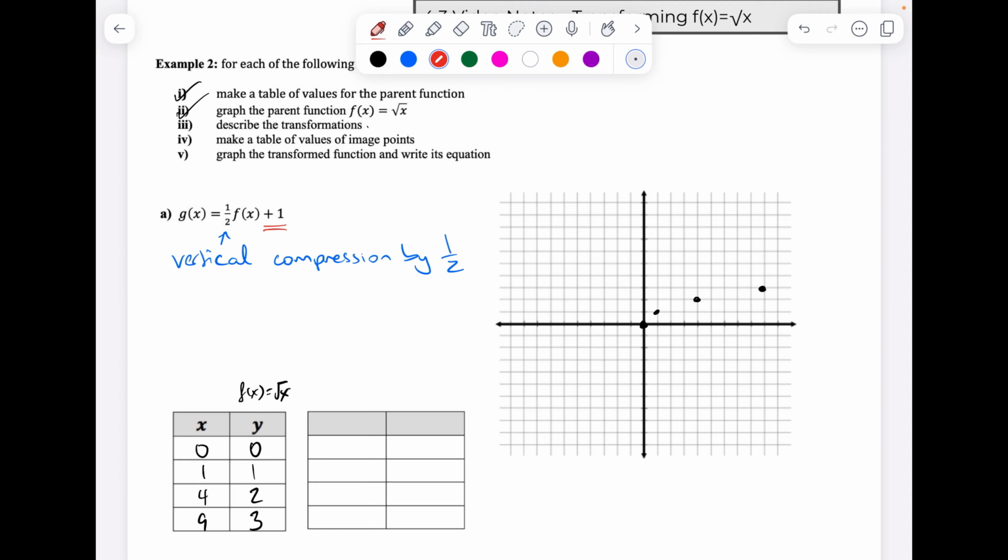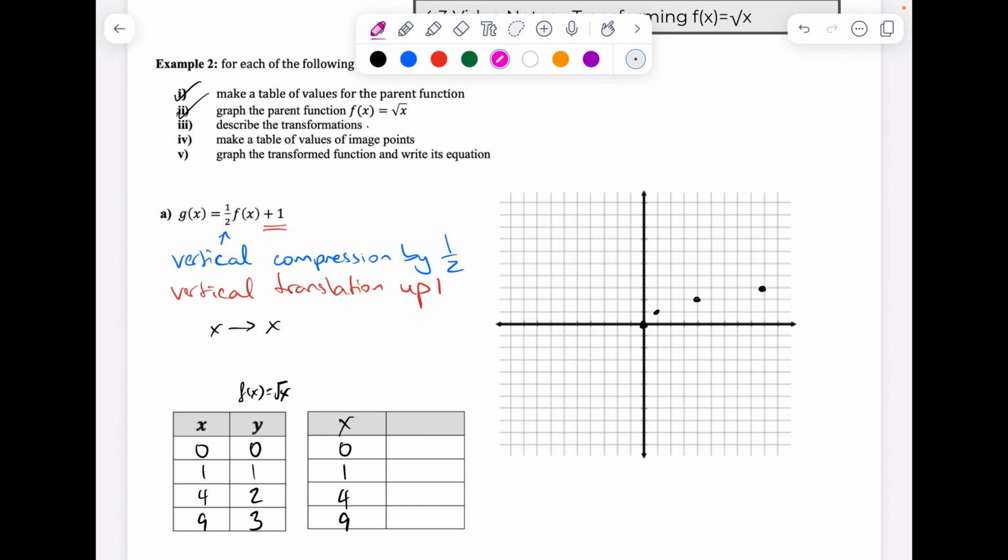And then the plus 1 to the whole function is a vertical translation up 1. Okay, so my mapping rule is nothing horizontal is happening, so x maps to x. So my x's are going to be exactly the same.